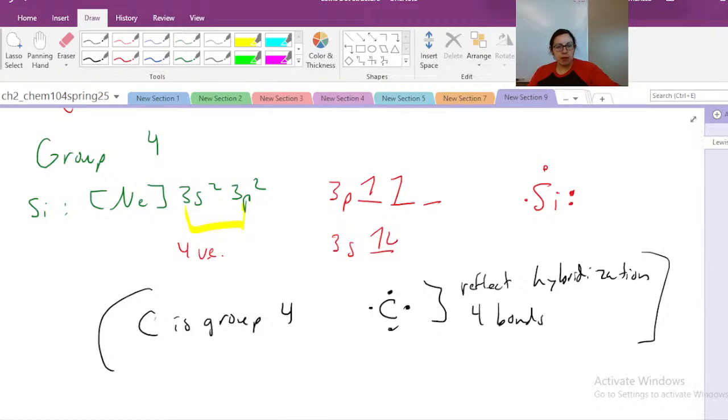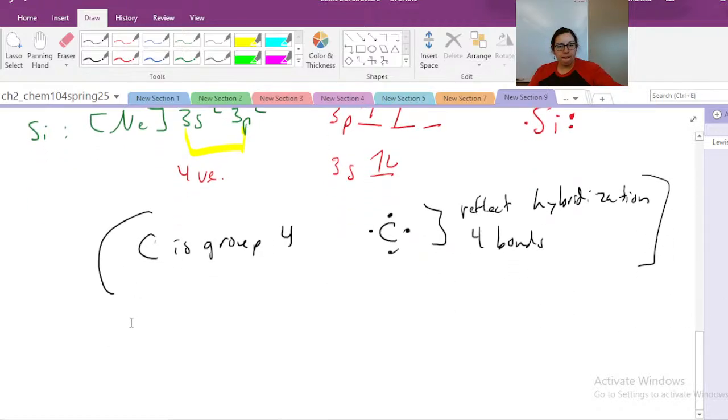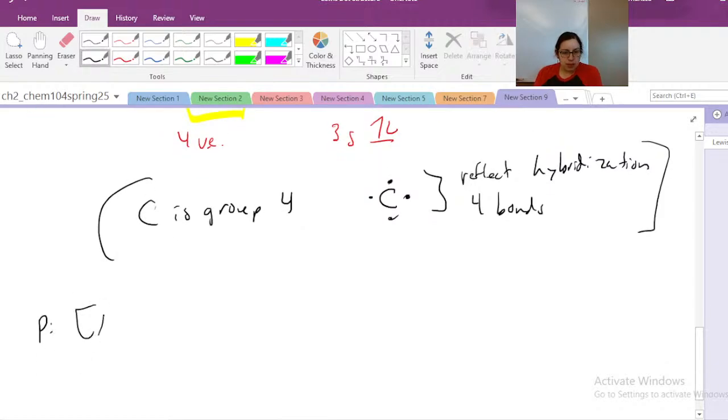So then we'll keep going. Let's just go through. So phosphorus is next, and we'll be back at group 5. So again, neon, 3s2, 3p3, 5 valence electrons.